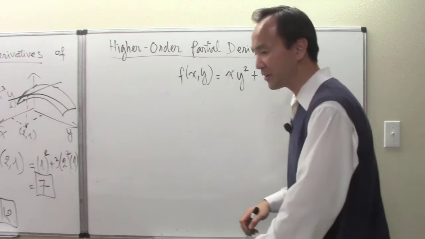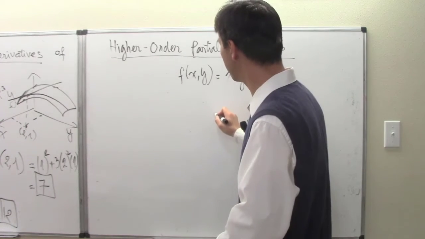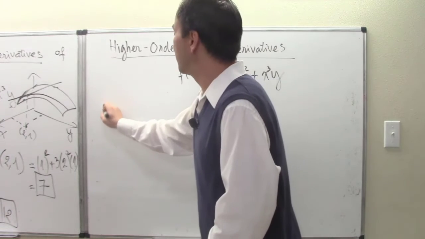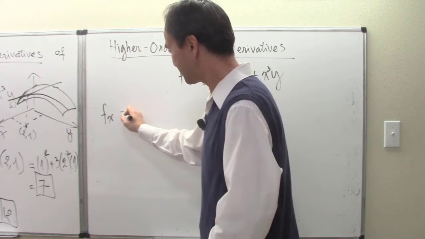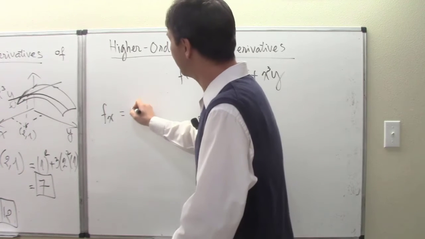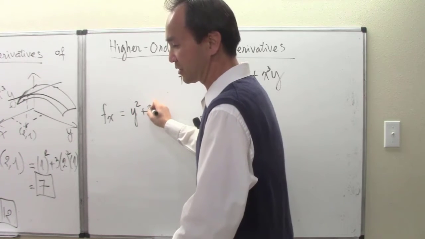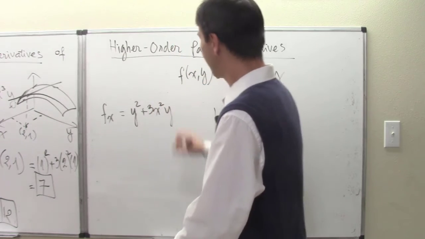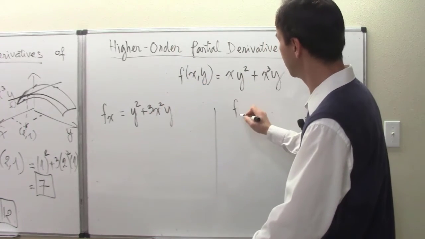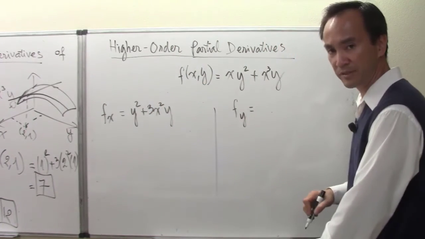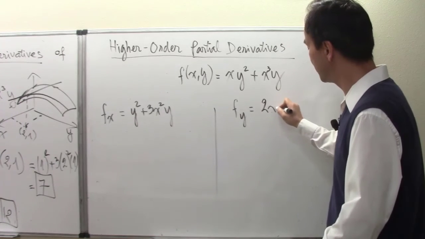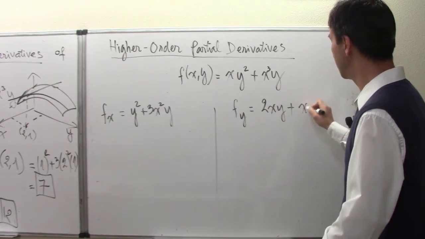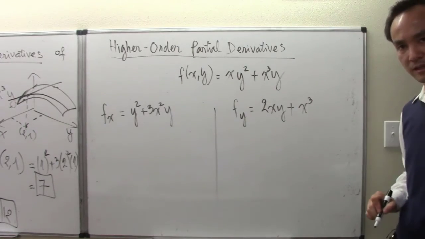We have already found, and I'm going to split that into 2 columns, f sub x as a function of x and y being y squared plus 3x squared y. And we also found f sub y being 2xy plus x cubed.